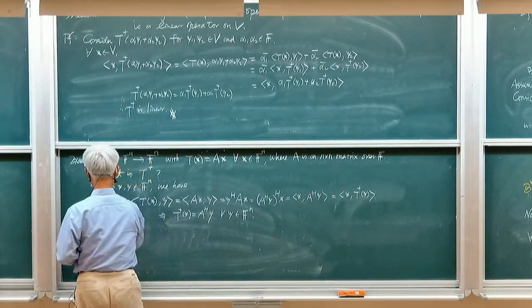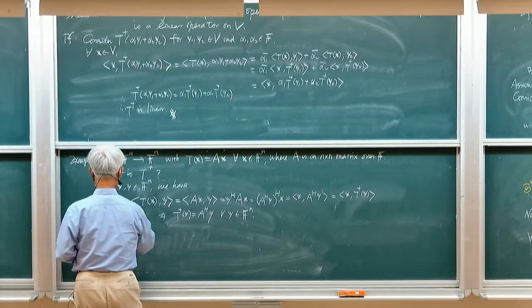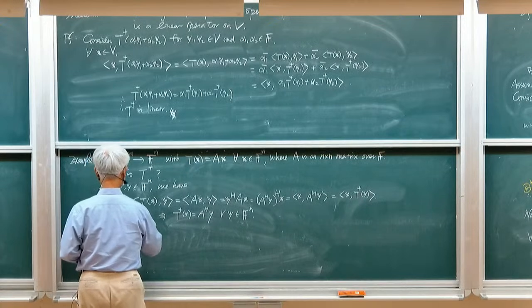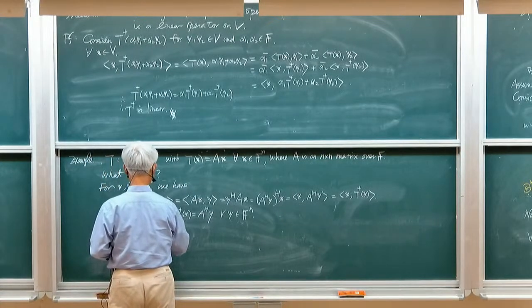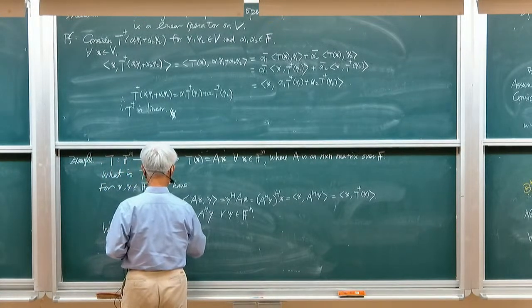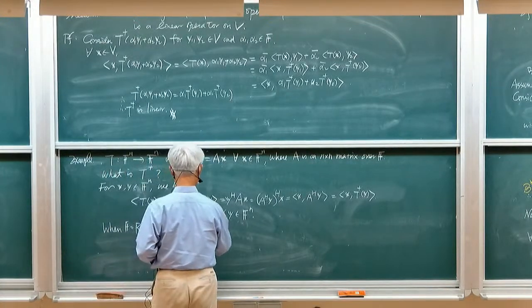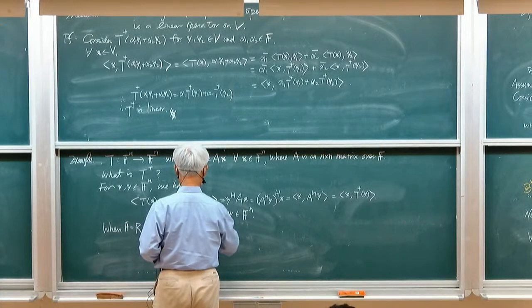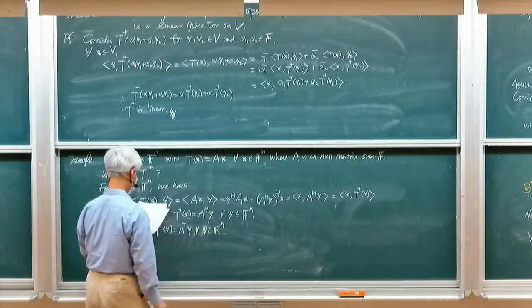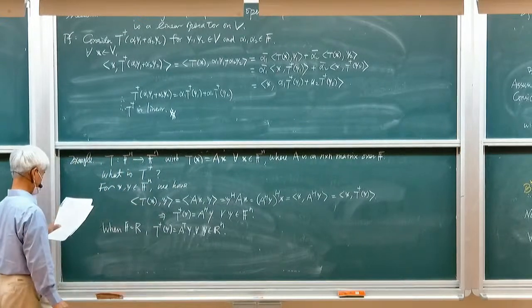And when F is equal to R, then T dagger y is just A transpose y for all y.